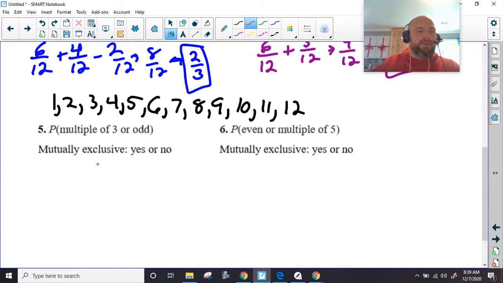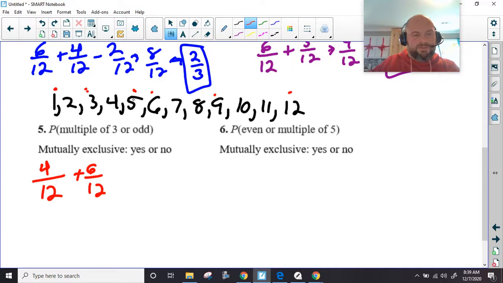All right, multiple of 3, so that's 1, 2, 3, 4. So this happens 4 out of 12 times. And an odd number. Well, the odd numbers are still going to be this one, okay. This one, there's 6 of those.